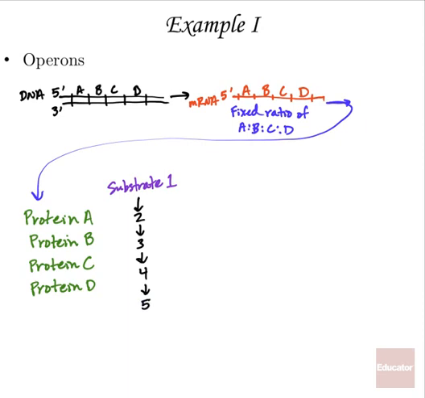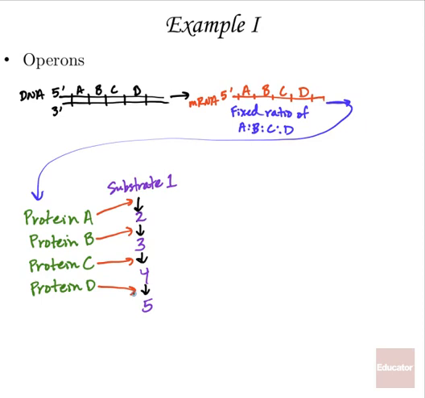Okay, so protein A might be responsible for turning substrate 1 into substrate 2. Okay, and then protein B would be responsible for turning substrate 2 into 3, protein C 3 into 4, and protein D 4 into 5.